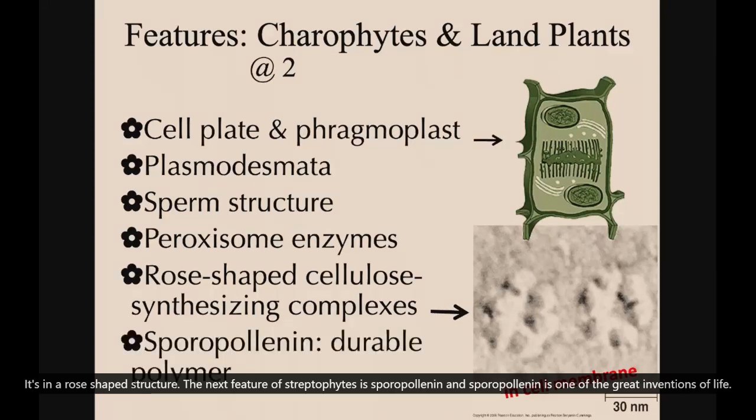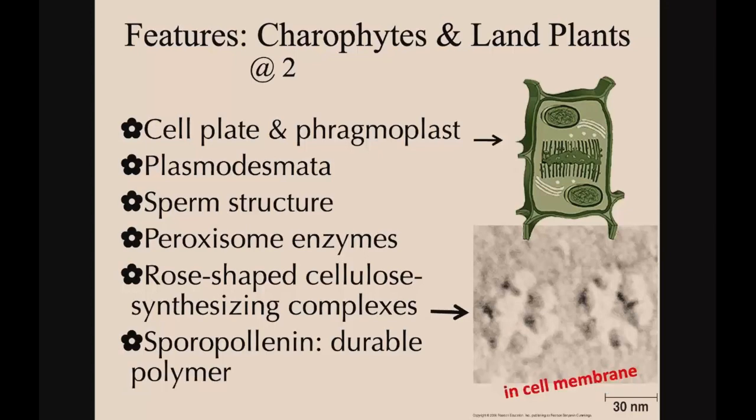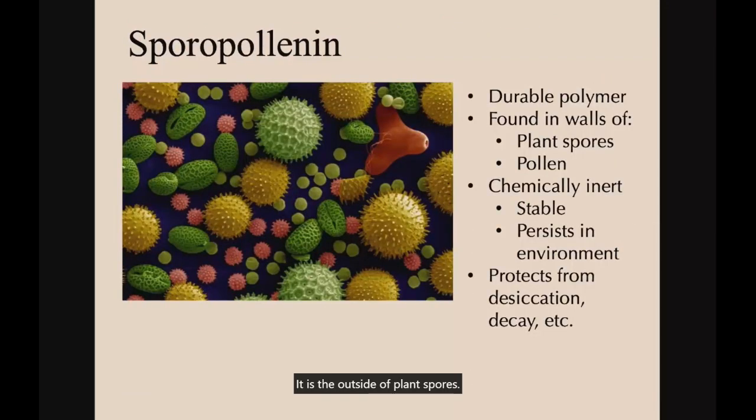The next feature of streptophytes is sporopollenin. And sporopollenin is one of the great inventions of life. Sporopollenin is a very durable polymer. Its chemical composition has not been fully worked out. It is the outside of plant spores. It's the outside of pollen.